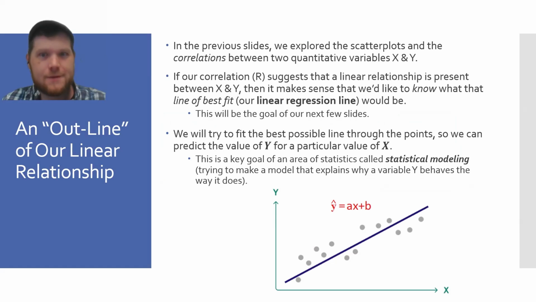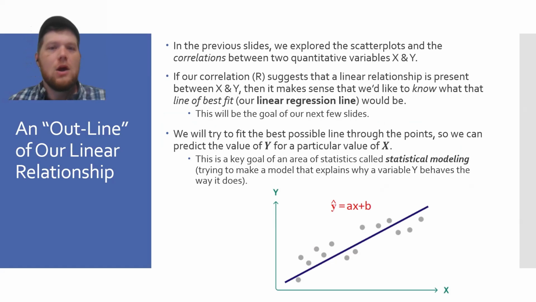That's going to be the goal for the next few slides. We'll try to fit the best possible line through the points so we can predict the value of y for a particular value of x. Prediction is really one of the key components of the statistical modeling game. In this area of statistics, we try to make a model that explains why a variable y behaves the way that it does.